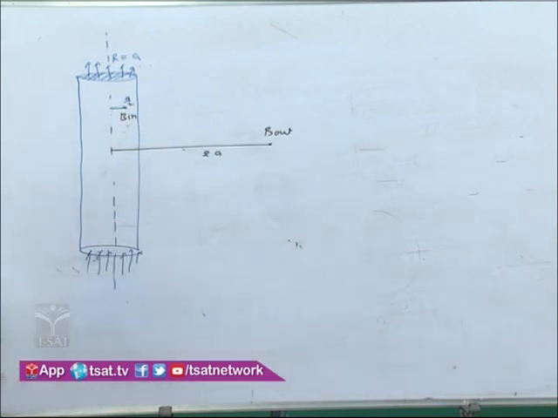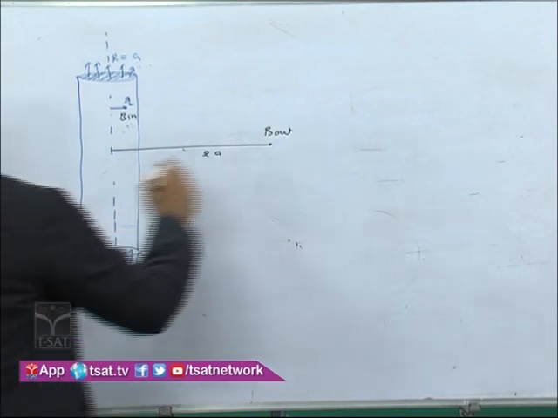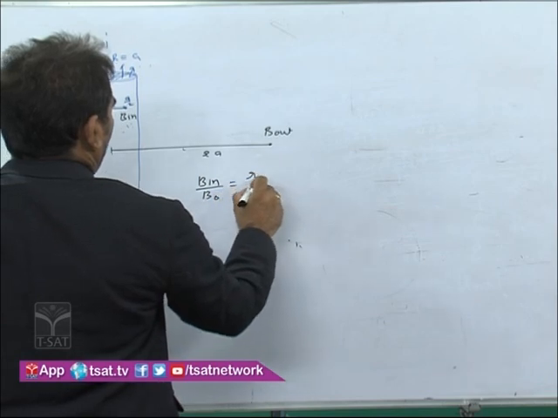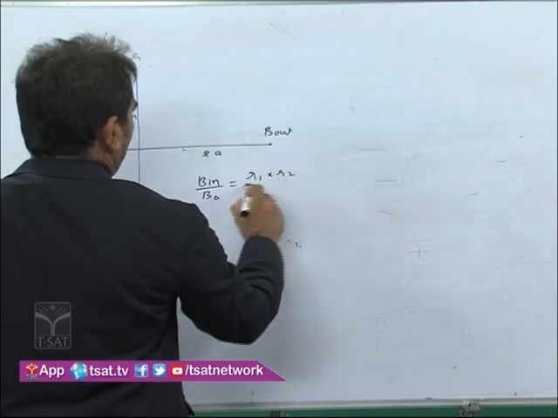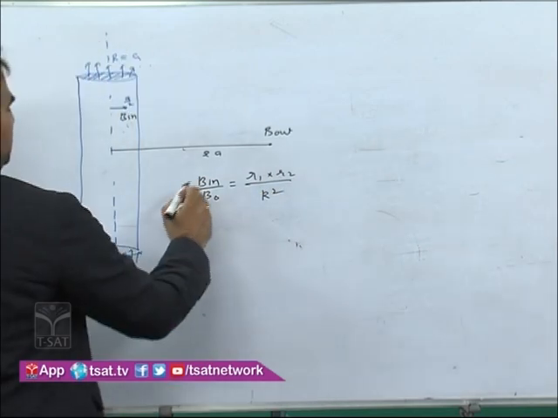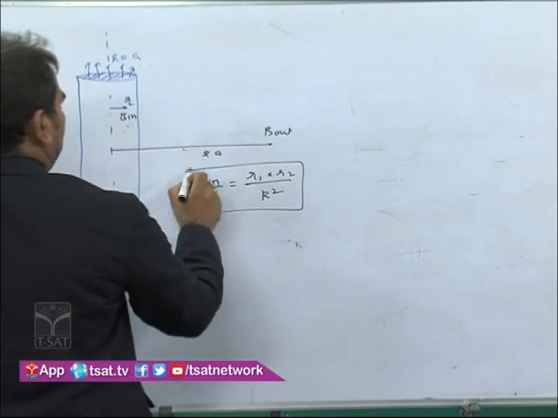So, what ratio was asked? We have one shortcut method for this. B in upon B out is equal to R1 into R2 upon R square. This is a shortcut method, and this formula is very important.